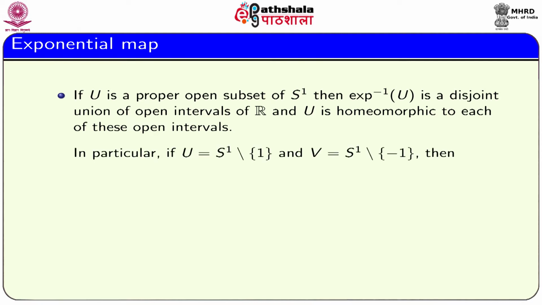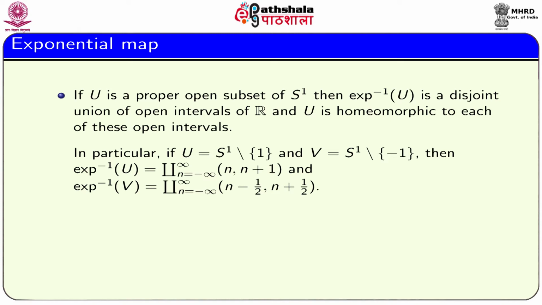In particular, if U is S1 minus 1 and V is S1 minus minus 1, then exponential inverse of U is the disjoint union of all the open intervals (n, n plus 1), where n goes from minus infinity to plus infinity, and exponential inverse of V is the disjoint union of the open intervals (n minus half, n plus half), where n varies from minus infinity to plus infinity.